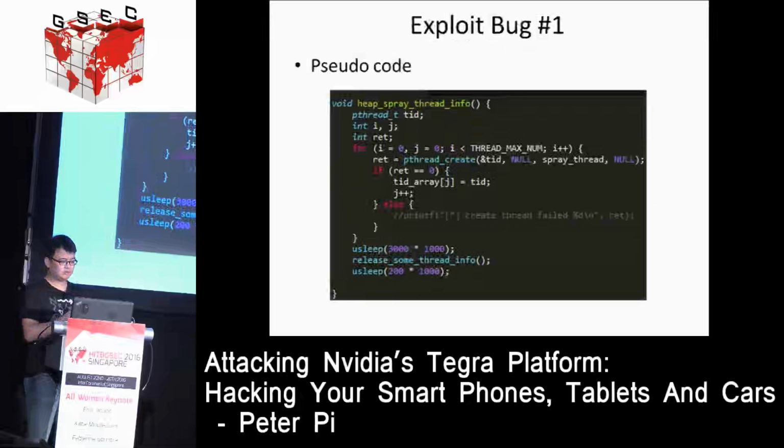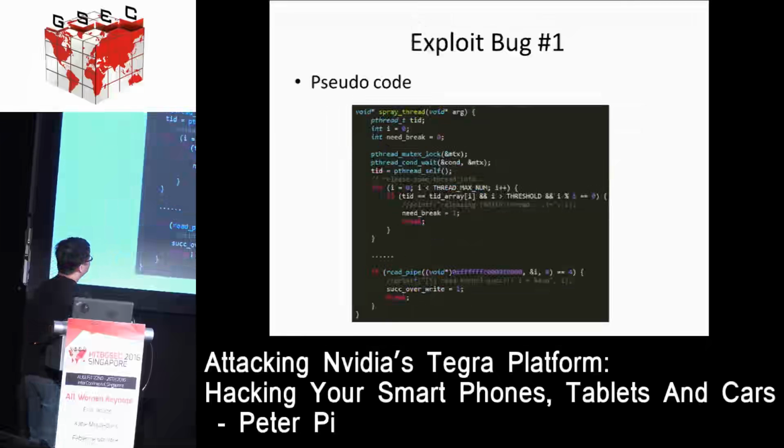We can check the pseudocode. This is the pseudocode. I spray the thread info. You can see I use pthread create to create many threads, and I save the TID of each thread in the TID array. After these threads are created, I notify each thread to check whether it needs to free itself or not.